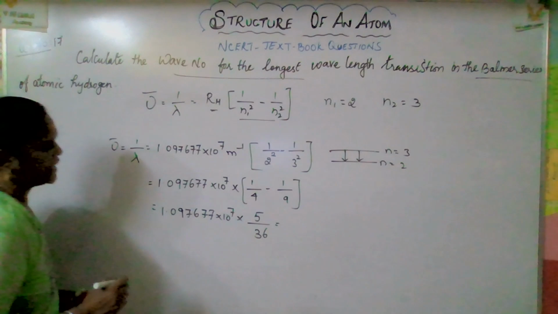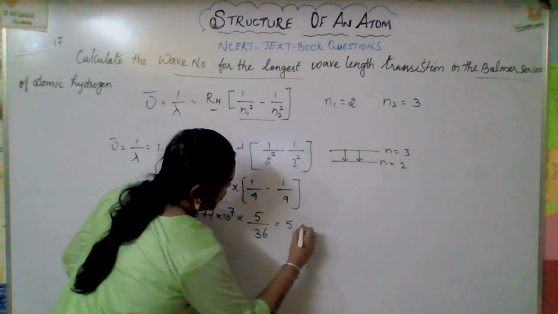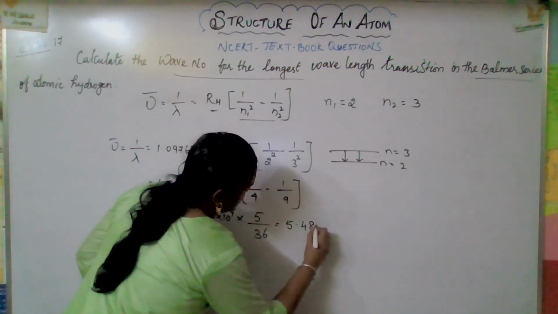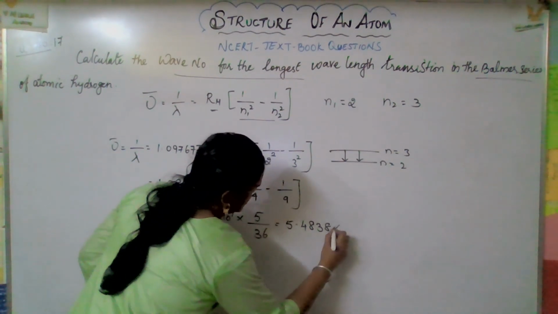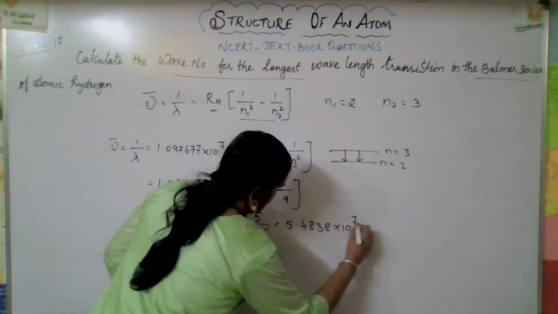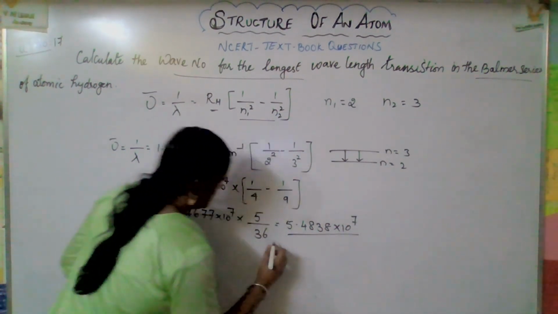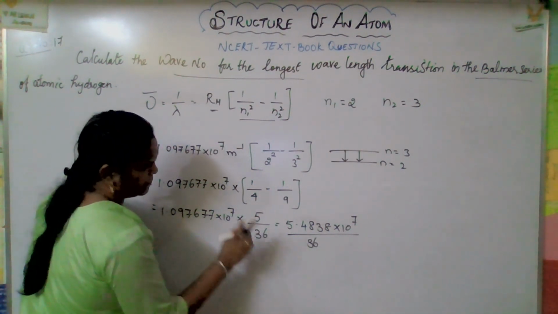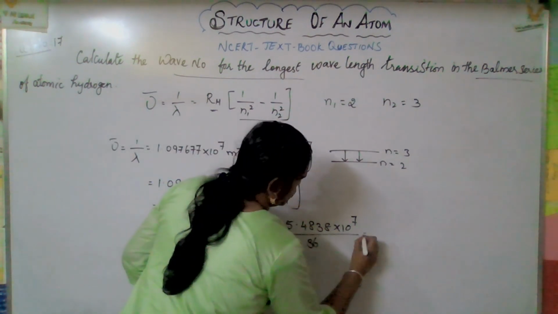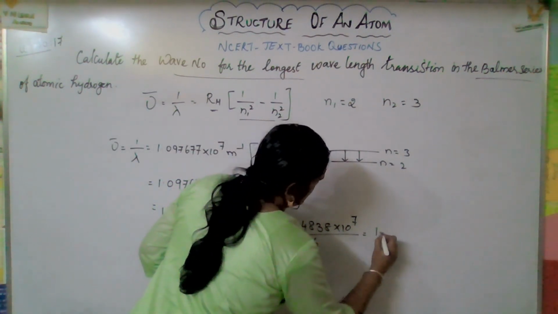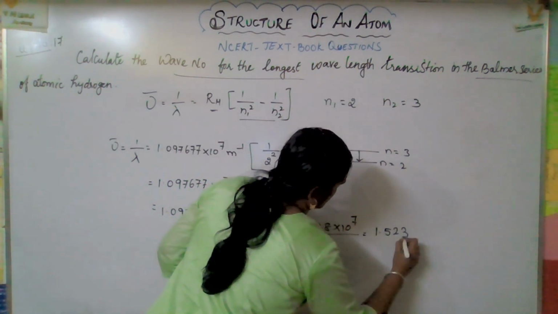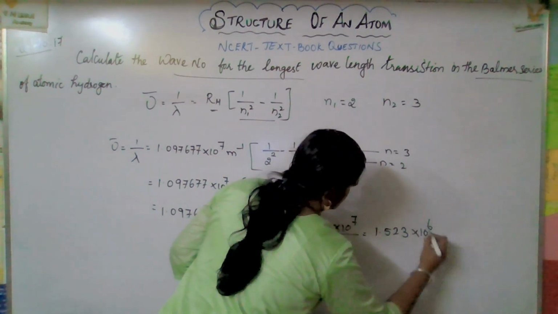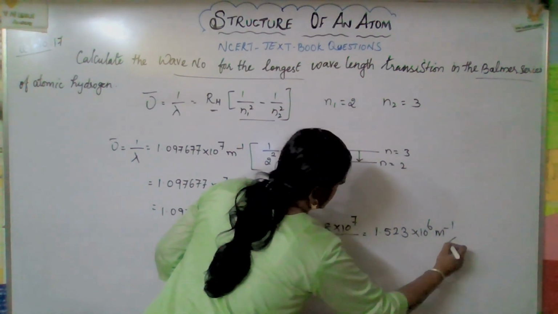So you will get the answer 5.4838 into 10 to the power of 7 divided by 36. These both you are multiplying, divided by 36. So you will get 1.523 into 10 to the power of 6 meter inverse.